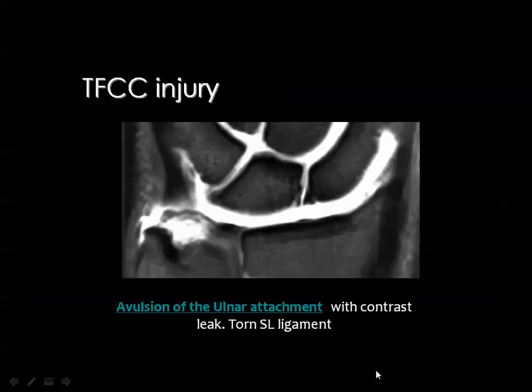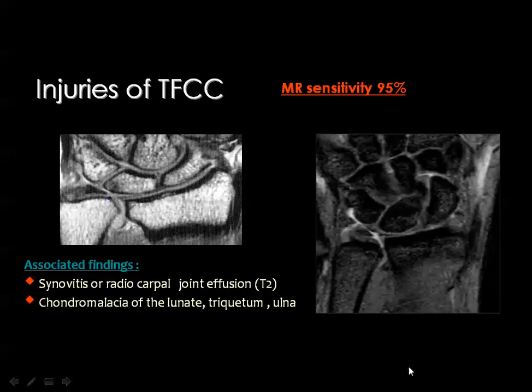Also in this image you can see there is a tear of the scapholunate ligament. This is also an example of a triangular fibrocartilage injury at this particular site, which is seen in the T2 weighted images and in the gradient images as well. You see the site of the tear.